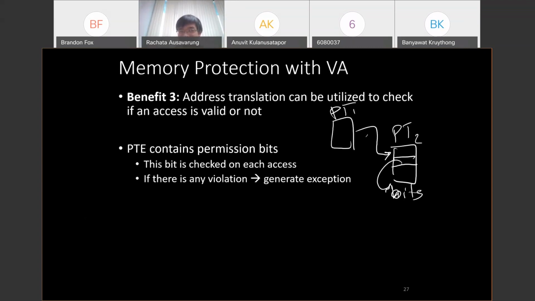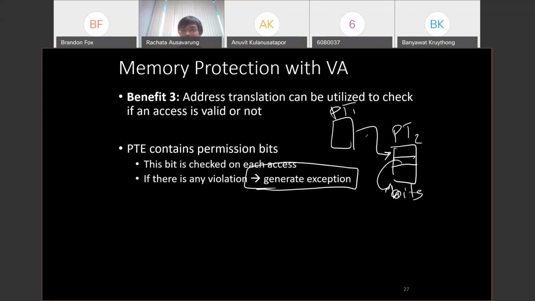All those bits inside the page table, if there's any violation, you get an exception. So when you run a program, you try to access some location that's not legal for you to access, exception. These are the things that are common when you mishandle your virtual address.